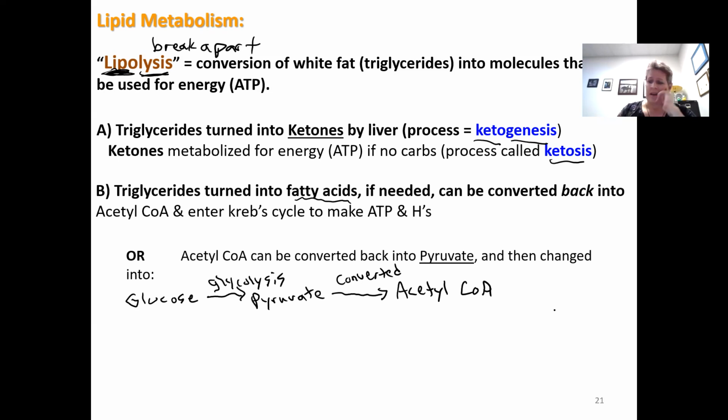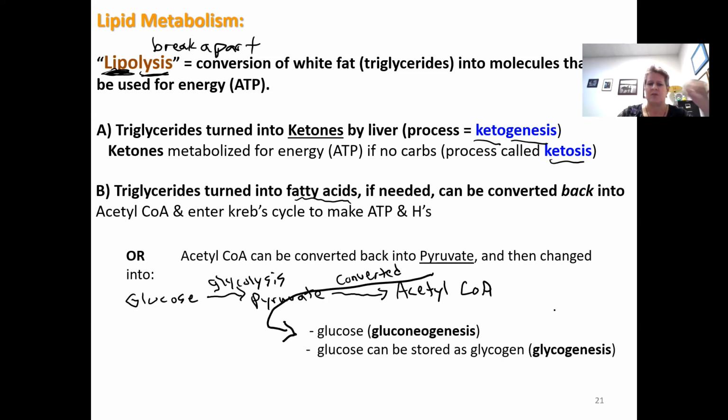So if you can go in one direction, the body cells can go backwards quite easily. That's what metabolism is all about. It's going in two different directions. This is how pyruvate can go backwards through glycolysis to make glucose. That's called gluconeogenesis. That was a term that was introduced on Wednesday.